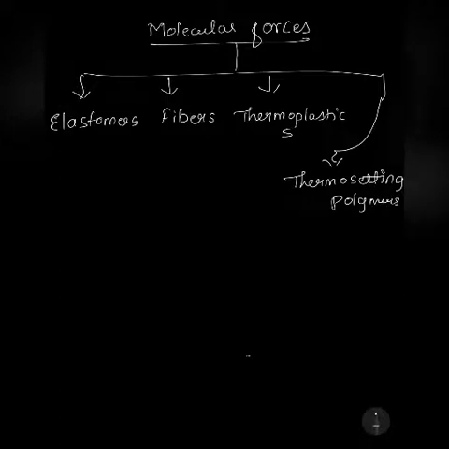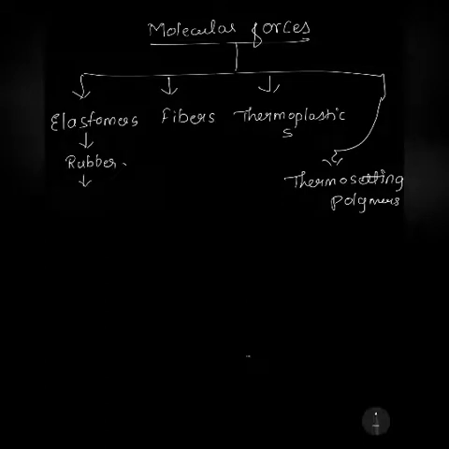As the name suggests, what are elastomers? These are almost like rubber. They have elastic property, right? They are held together by the weakest intermolecular forces. That's why they can be stretched to any extent. And once the force is released, they retract to their original shape. Example is rubber itself.